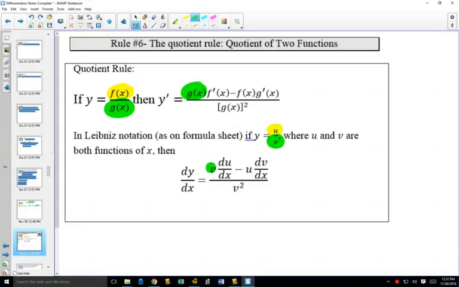So whatever function's on the bottom, that stays the same. Then you multiply by the derivative of the function on the top. Then you subtract, and now the top function stays the same, and you multiply by the derivative of the bottom function, divided by the bottom function squared.